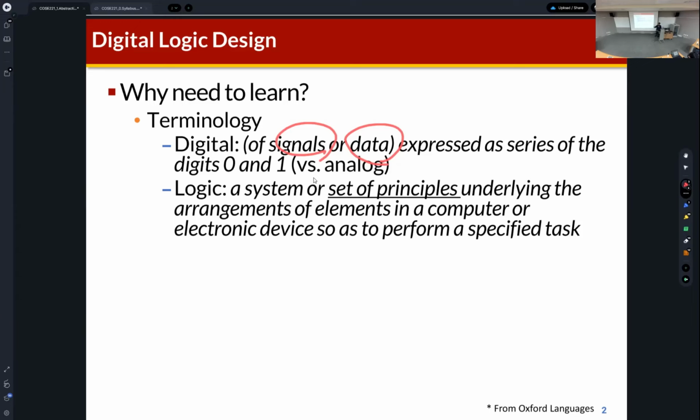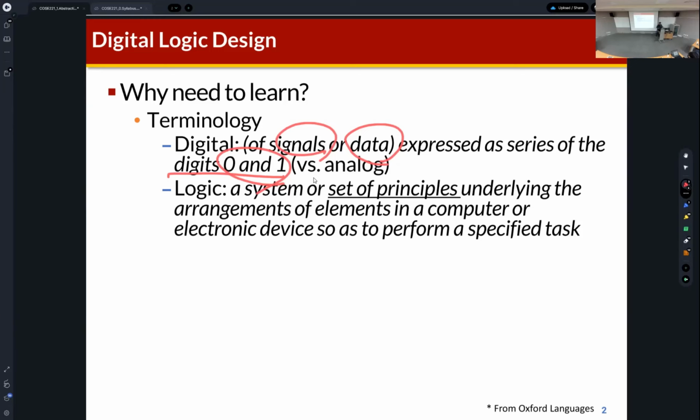So it is some kind of sound wave or sound signal. But we can represent these signals using analog forms or digital forms. Digital form means that we can represent signals or data using 0 and 1.